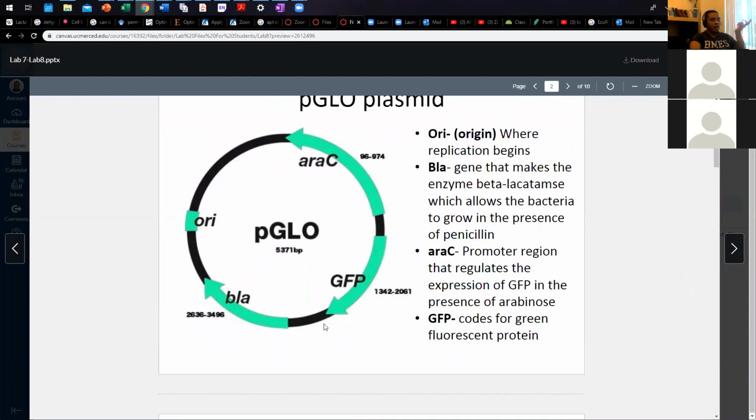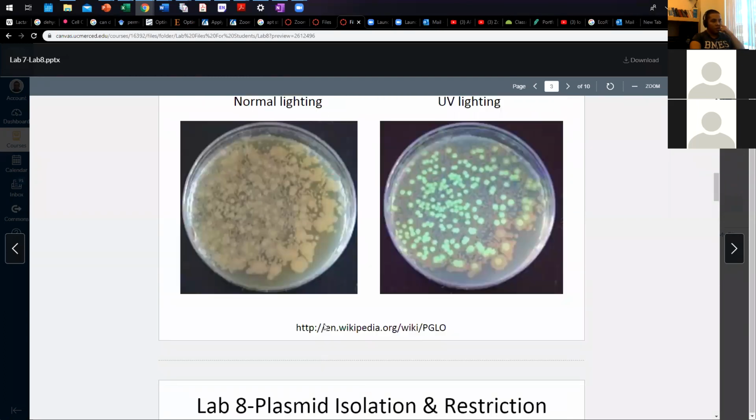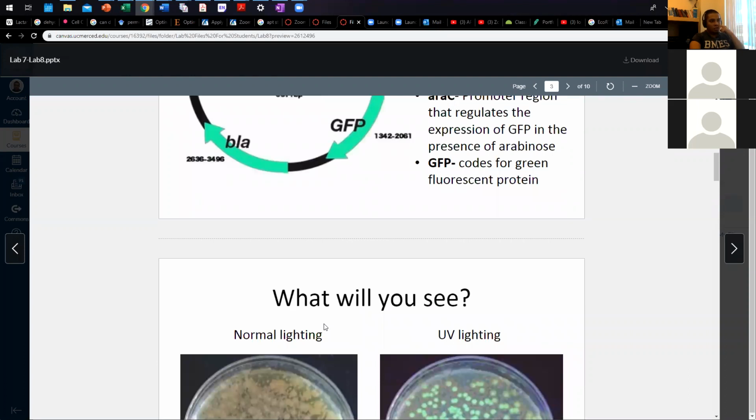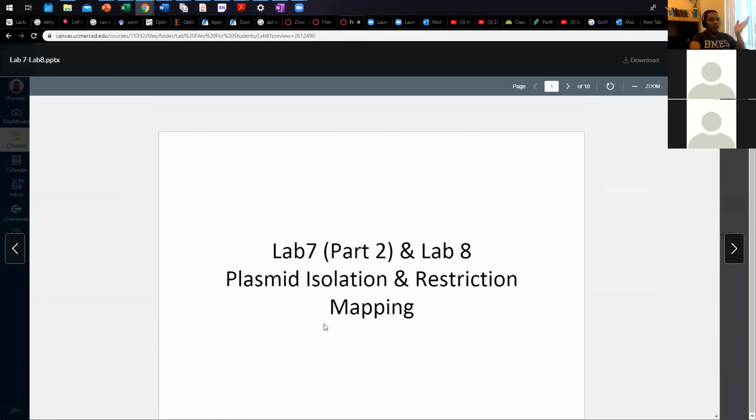We'll work it out based on the fragment sizes and different combinations of restriction enzymes that we will use. I'll expand on that a little bit more, and I'll show you a video before I do that. But essentially, lab 8 is plasmid isolation and restriction mapping.